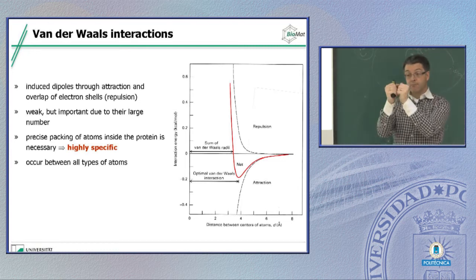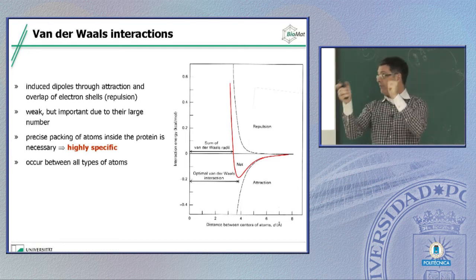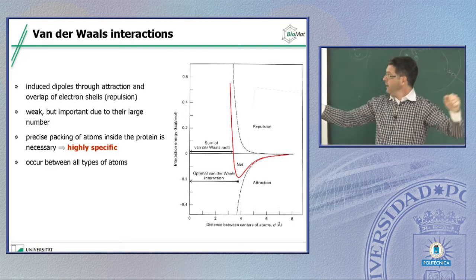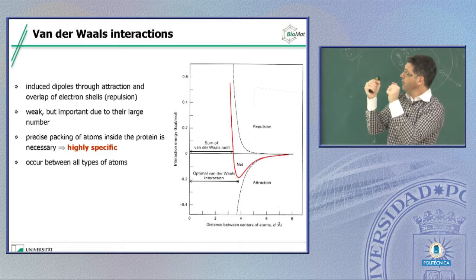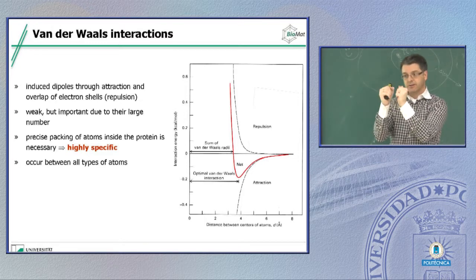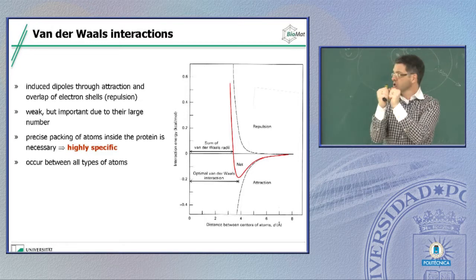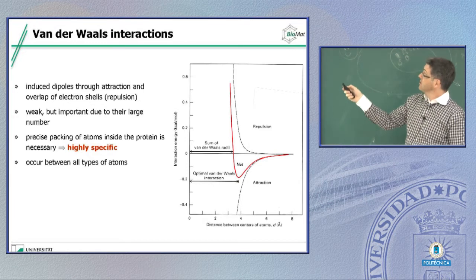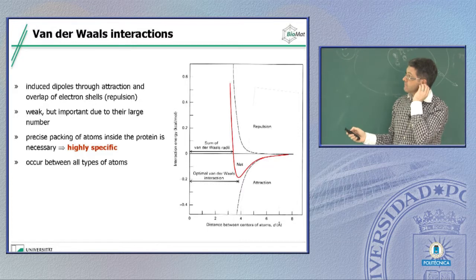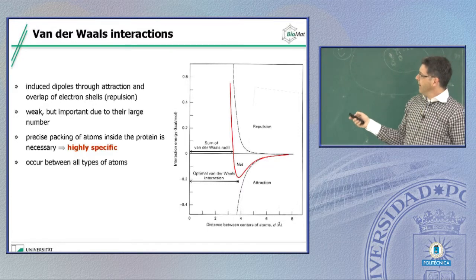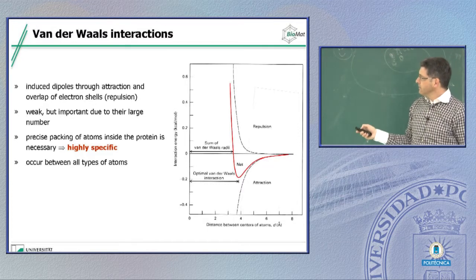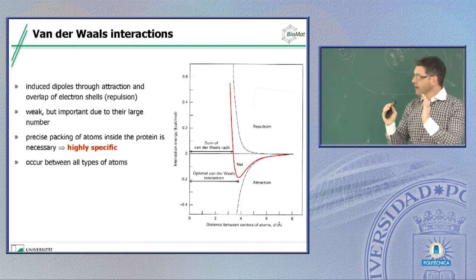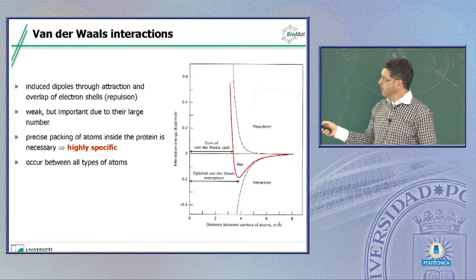If you move the atoms farther off, they will just repulse and move away. If you come closer, of course, repulsion will get stronger and stronger, and you can't push them, because then the atoms would have to melt, and this is an energy that cannot be overcome. So it's actually a very precise interaction based on precise packing of individual atoms inside the protein.